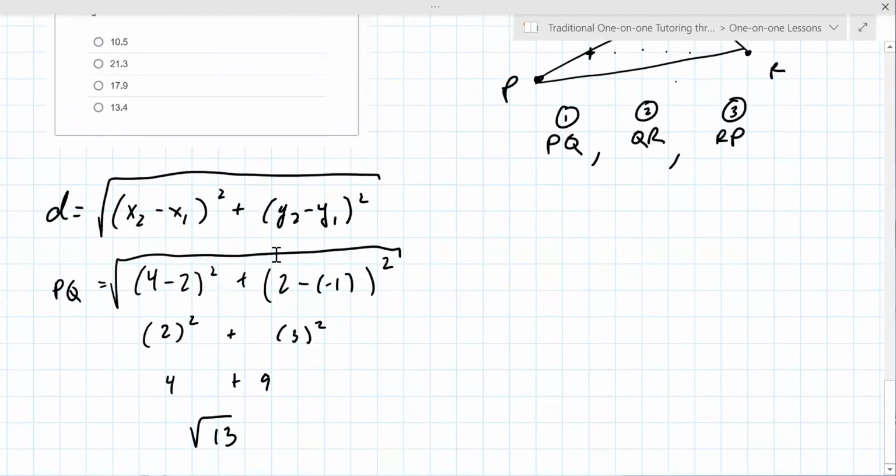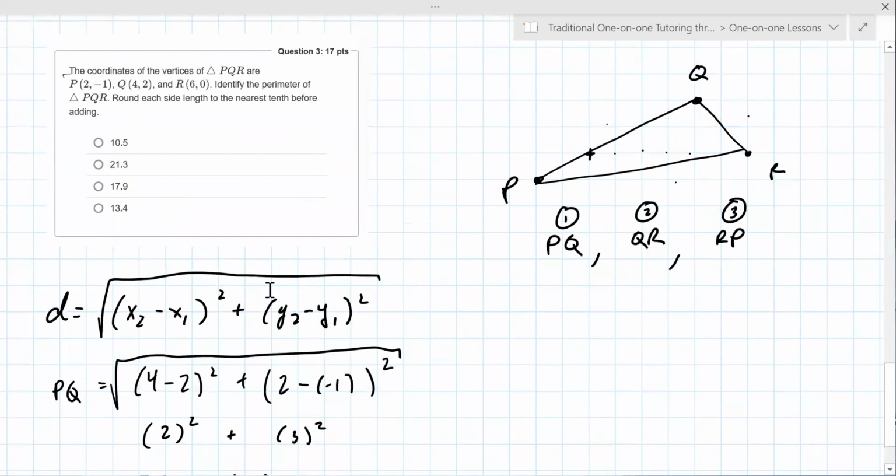Is that okay? Yep. All right, now for going from Q to R, it's the same formula, but now R is x2, and 4 is x1. So 4 is x1, 2 is y1, 6 is x2, and 0 is y2. Do you follow that? Yes.